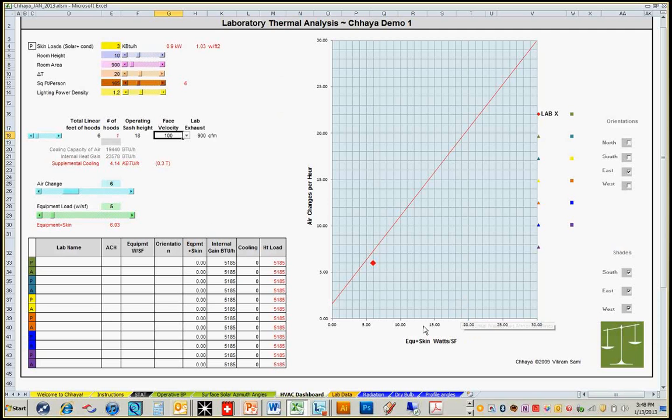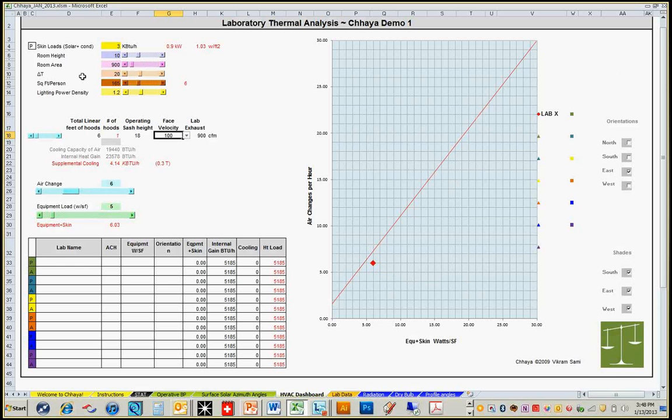So what you'll see over here is a graph with air changes per hour on the y-axis, and equipment and skin watts per square foot on the x-axis. And you have a red line going across it, and a red dot somewhere in the middle of it. I'll explain all of that.